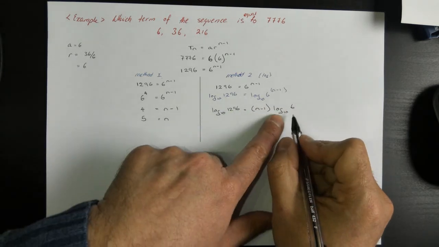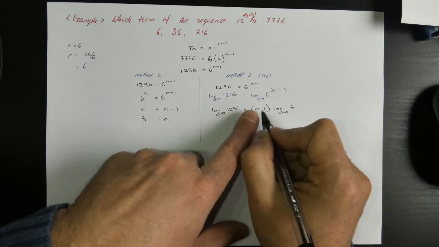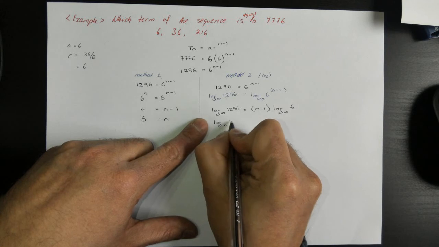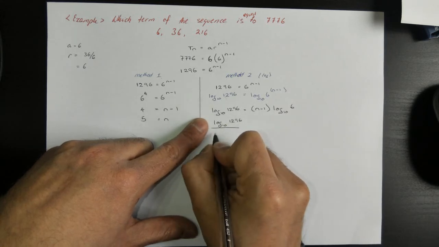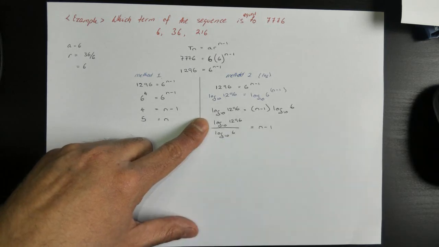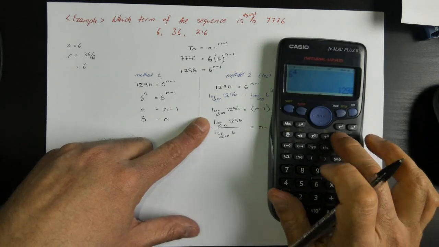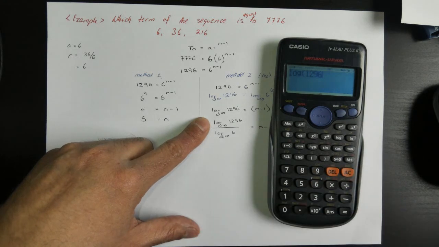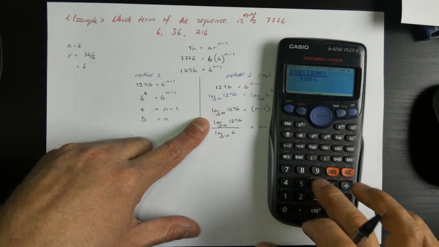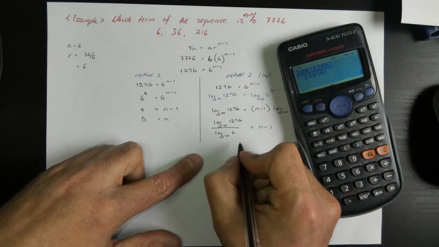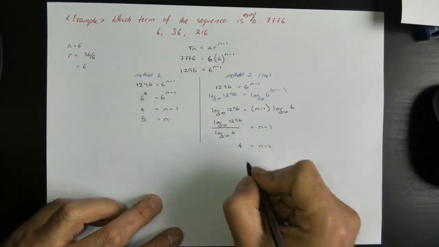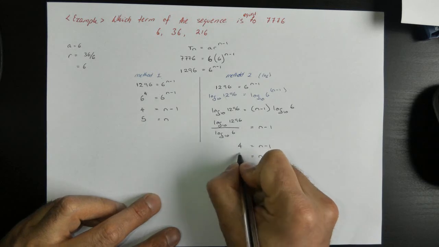And now I could divide this whole thing by log 10 of 6. So log 10 of that divided by log 6 will give me n minus 1. Now if I plug that into the calculator, log 1,296 over log 6, that's going to give me 4 equals n minus 1. Right? And then obviously n equals 5.